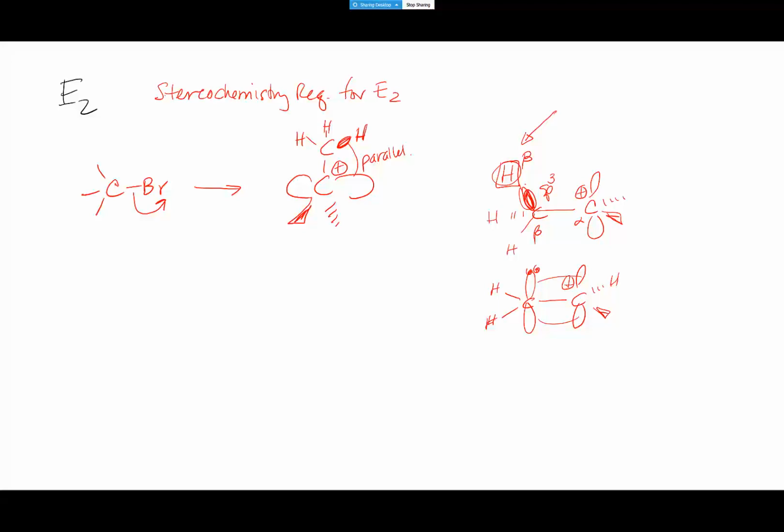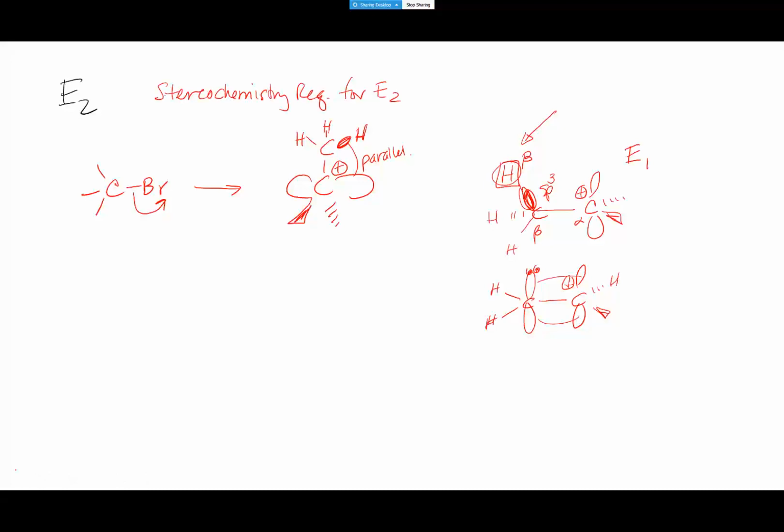So that hydrogen could be parallel to the top empty orbital, or it could be parallel to the bottom empty p orbital, but it's got to be parallel to an empty p orbital. So it has two choices. It can either be parallel to the top or the bottom.